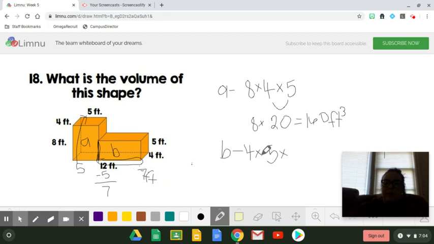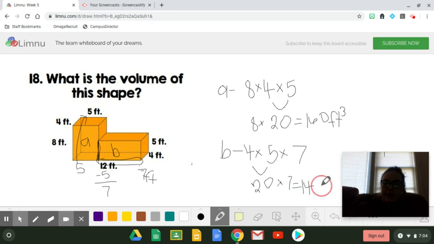So I would have 4 times 5 times 7. So again, I can use my trick from up here. 4 times 5 is 20. Then I've got to multiply 20 times 7. I know that 7 times 2 is 14.